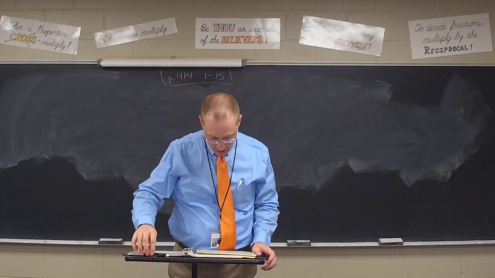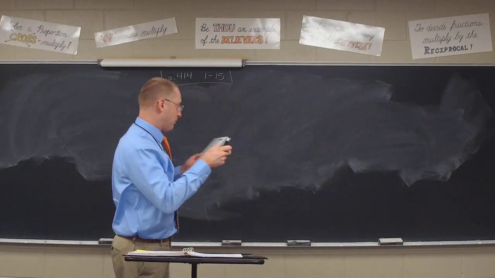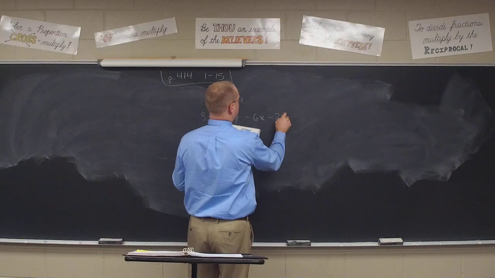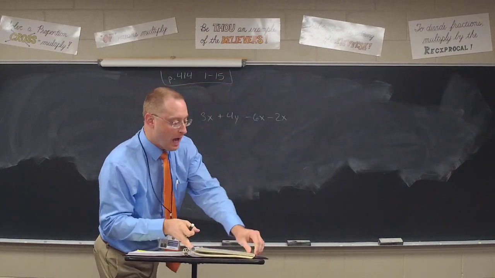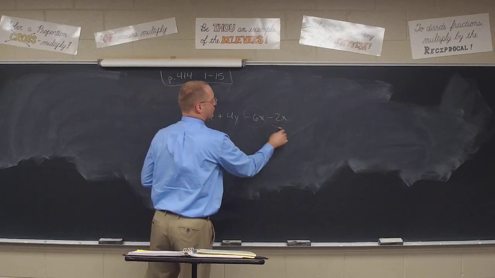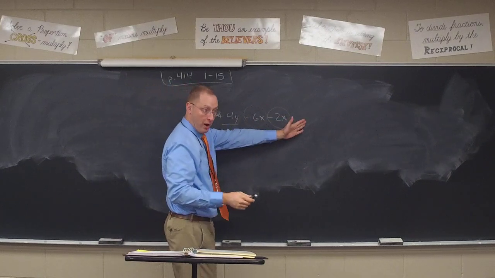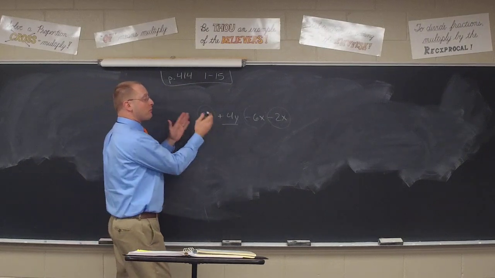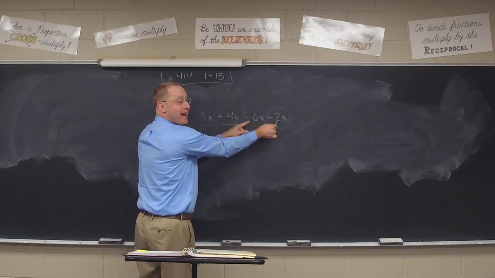Maybe number 14. Yeah, number 14, we've got a 3x, a 4y, a negative 6x, a negative 2x. Here's what I'm going to give you as a suggestion. I would go through and mark all the ones that are like, maybe circle them all, and then if there's others, maybe underline them. Like there could be another y term, I'd underline it. That'll help you to keep them straight. What I would still do, even within the circles, these two have matching negatives.